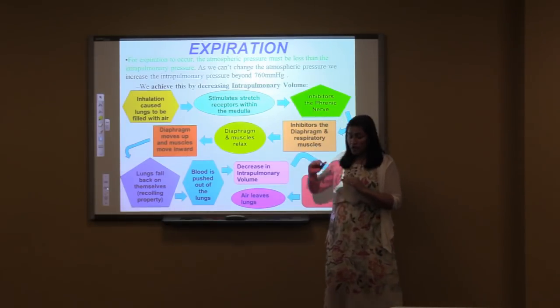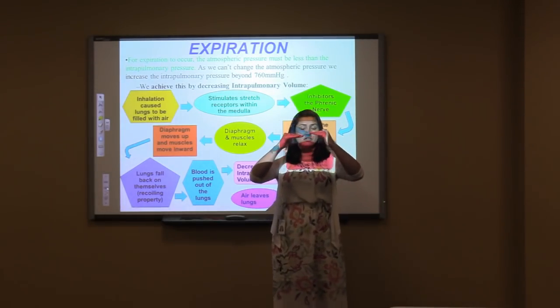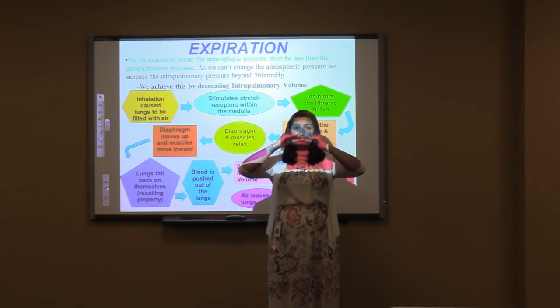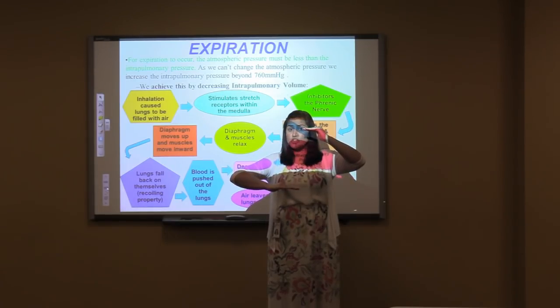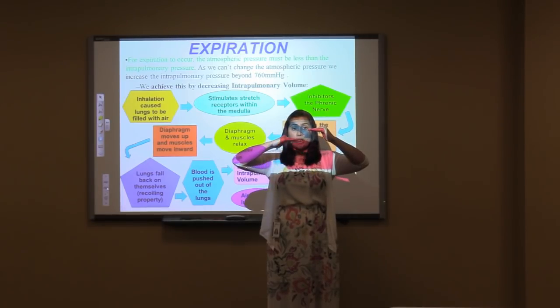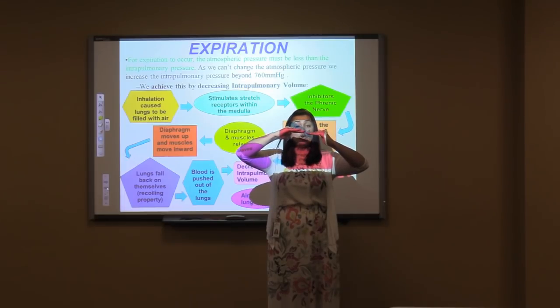Now remember, at rest, atmospheric pressure and intrapulmonary pressure were equal. During inhale, we caused the intrapulmonary pressure to decrease. This is why air went in. But now, during exhale, we want air to leave the lungs. How do we do that? We have to cause the intrapulmonary pressure to rise and not just reach 760, but go beyond.